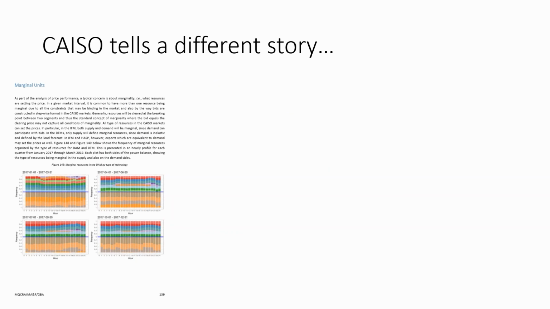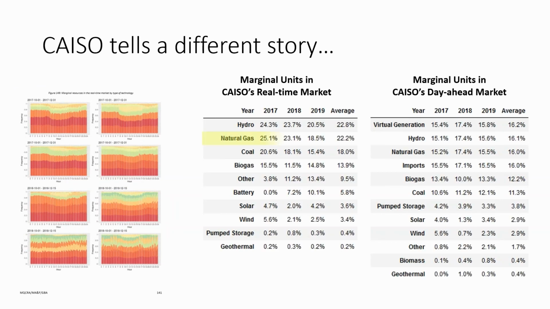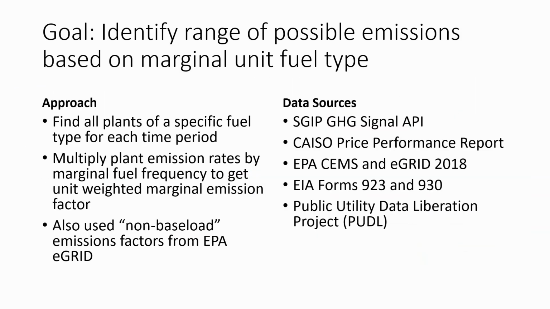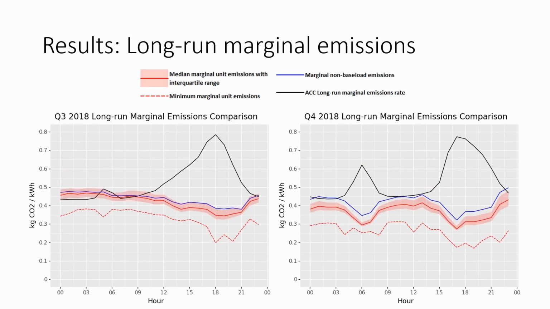But what I saw initially from the data is that there are some flexible zero carbon resources like pumped storage that are already coming on and being the marginal generator during some of those peak periods. So there are already some zero carbon resources coming in to fill the role of the marginal unit at those peak times.